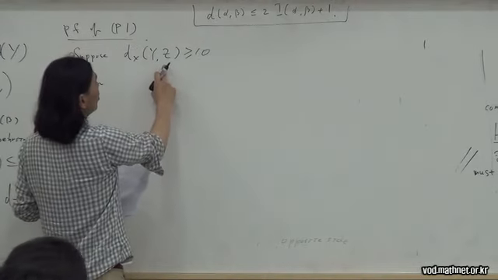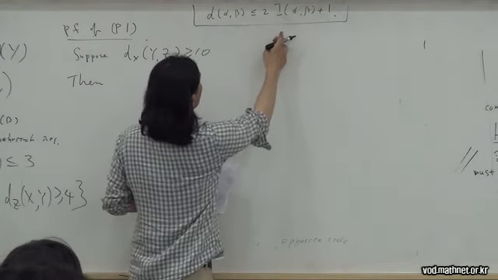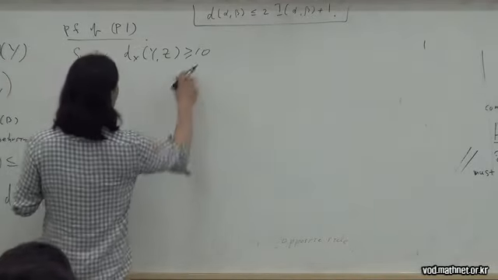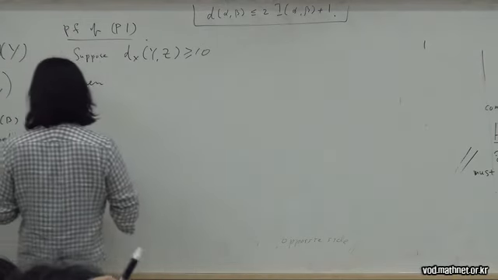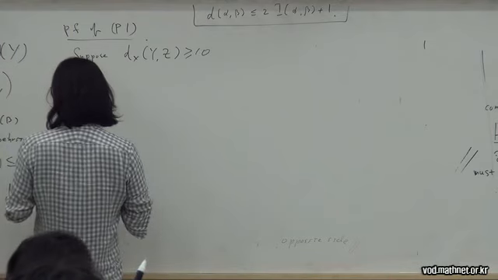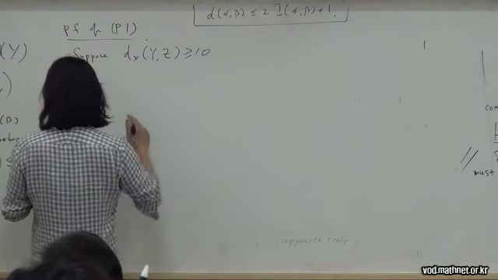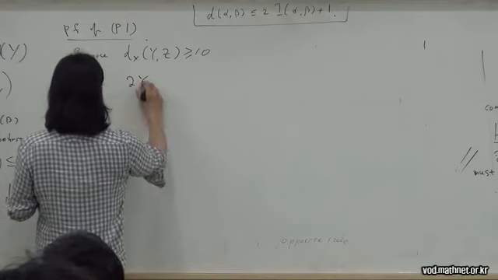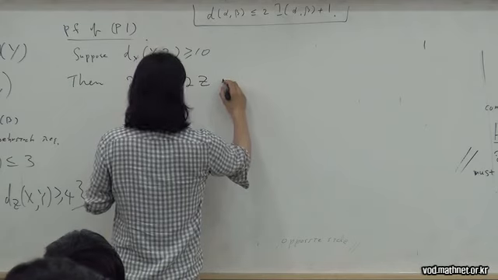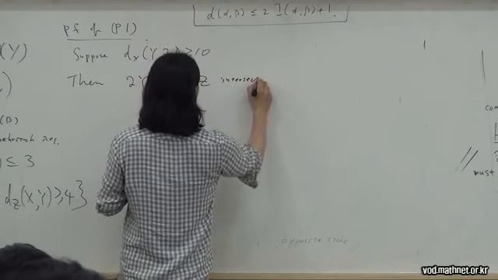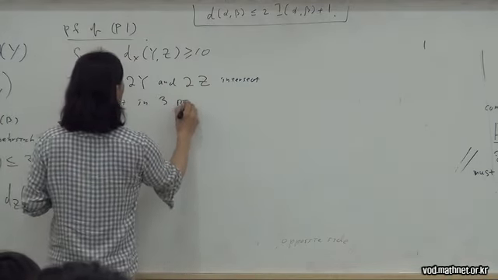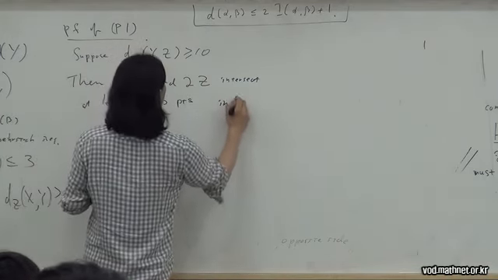So if the distance is large, it means the intersection number is large. I don't know why this is 10, but I only need 3 intersection points. Then the boundary of y and boundary of z intersect in at least 3 points in x.